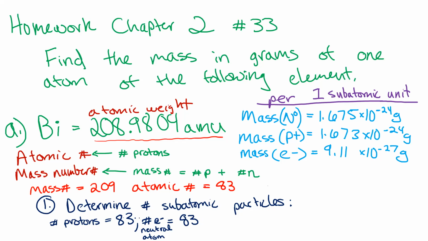Oh, so it's a positive value because you can't have a negative number of electrons. That's not possible. That would be like telling someone that I ate negative 5 sandwiches. And that just doesn't make sense, right?